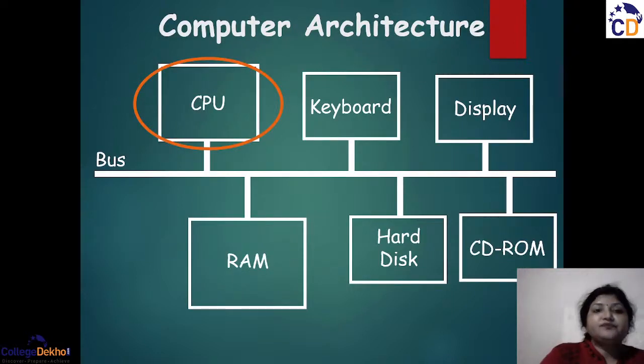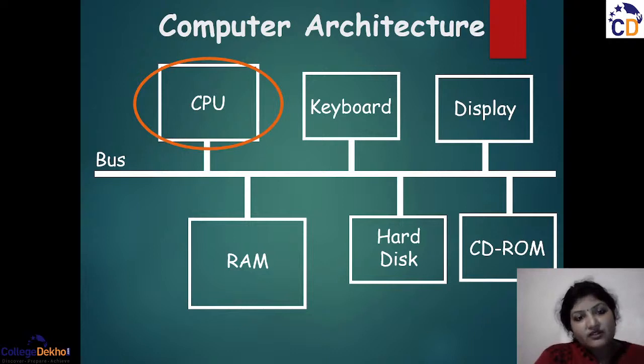Let's see the computer architecture. We know that the brain of the computer is the central processing unit. The other input and output devices are keyboard, display or monitor, RAM (random access memory), hard disk for storing data, and then CD-ROM, read-only memory.